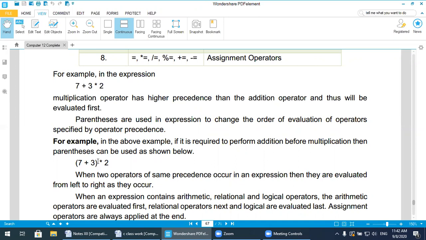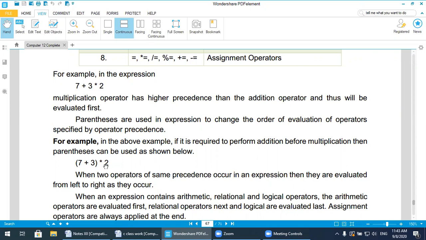Now in this case, what will be the result? If I solve this expression, its correct result is 20. Why? Because 7 plus 3 is enclosed within parentheses. Watch over here. It increases the priority of plus, so plus will be solved first before the multiplication. So in this case, its result should be 20.